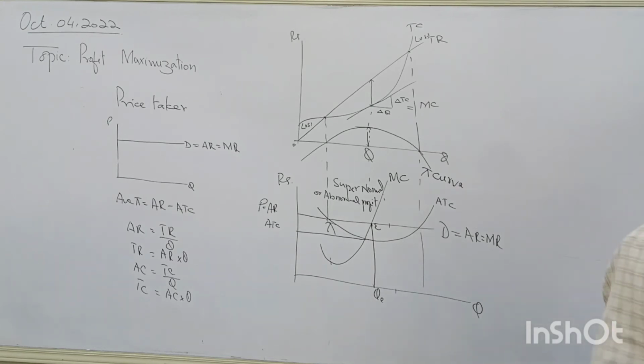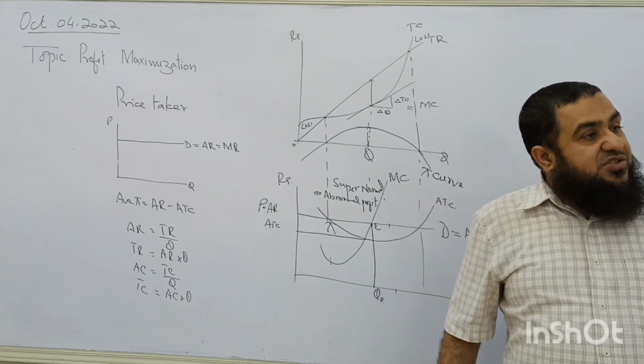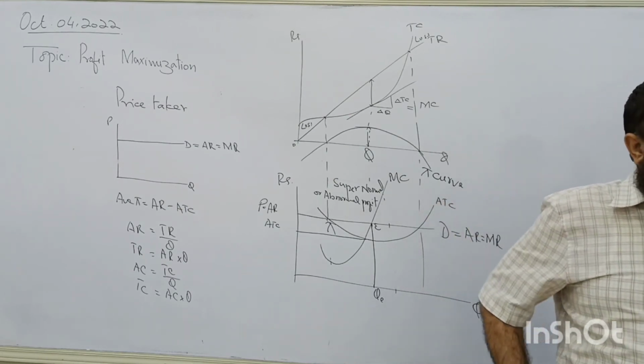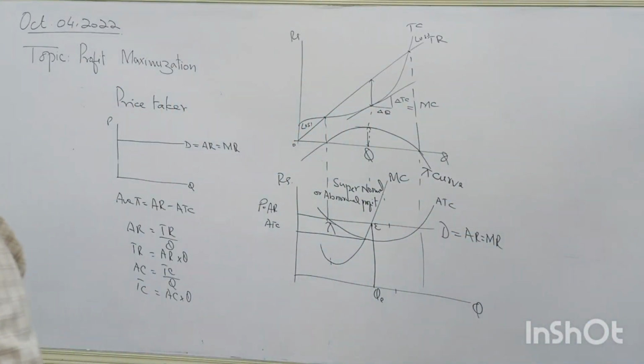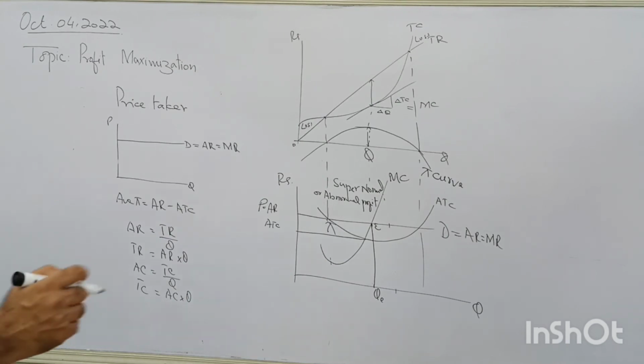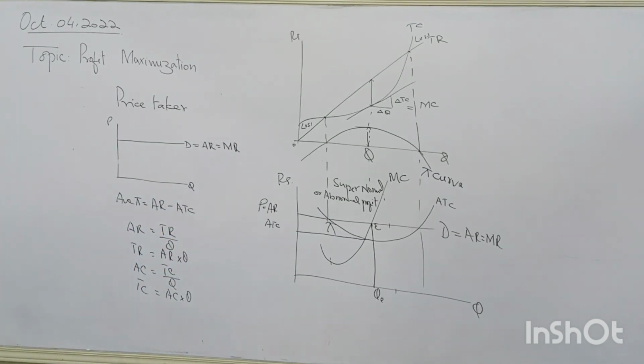Clear? So when a firm is making a loss, what happens? Its total cost will be higher than total revenue, or average cost will be higher than average revenue. So that loss is given the name subnormal profit. I write over here the three types of profits. What are those?